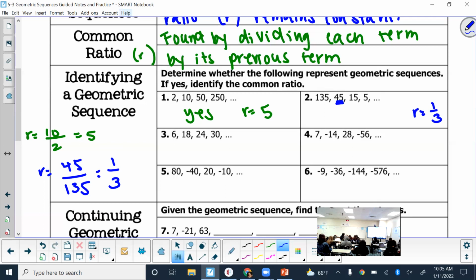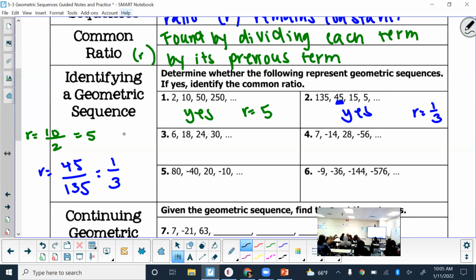Is 45 times 1/3 15? Try it out in your calculator. You don't have to wait for your classmates to do it for you. All right, yes, and then 15 times 1/3 is 5. Yes, so it is a geometric sequence.